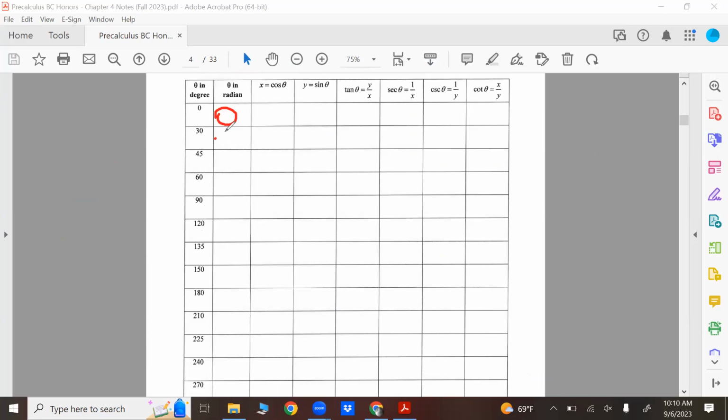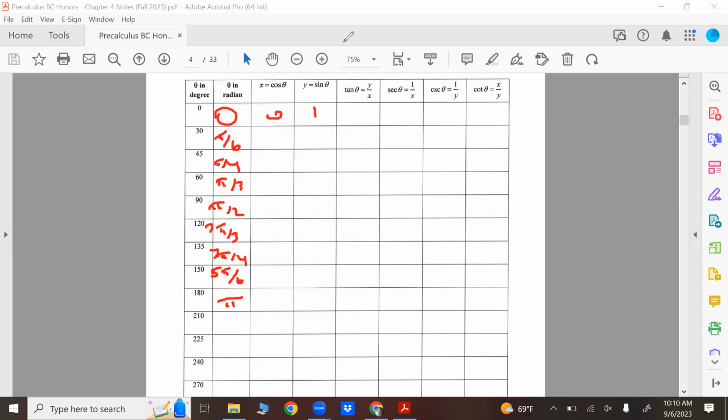So 0, pi over 6, pi over 4, pi over 3, pi over 2. You get the point. 2 pi over 3, 3 pi over 4, 5 pi over 6, pi. X, of course, is 0 and 1.